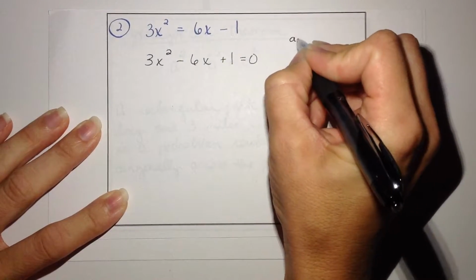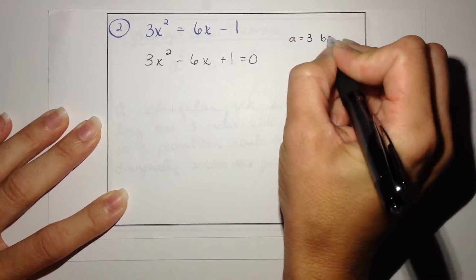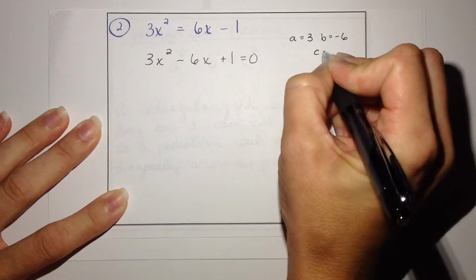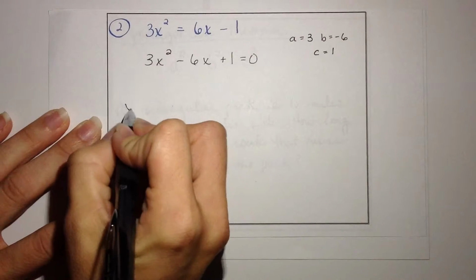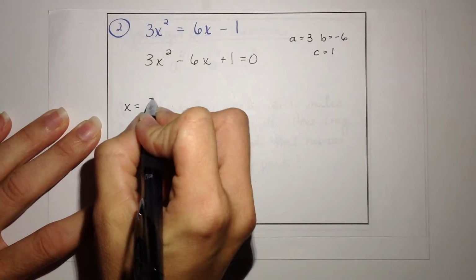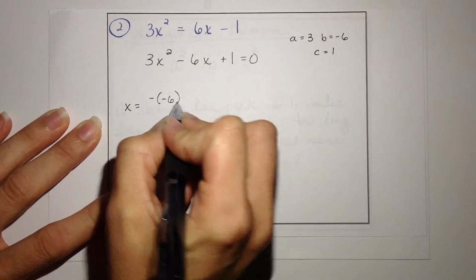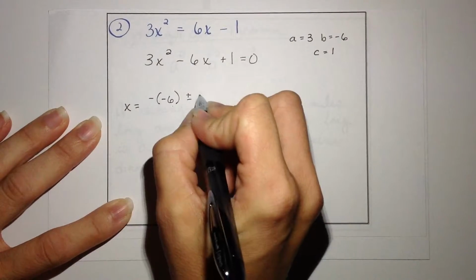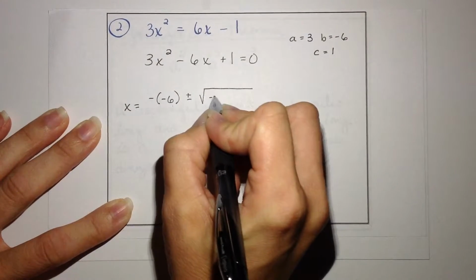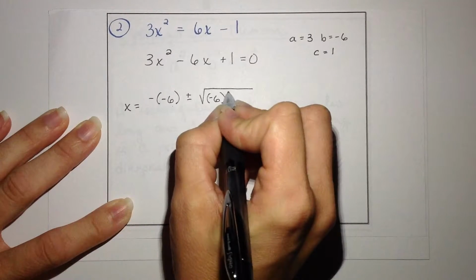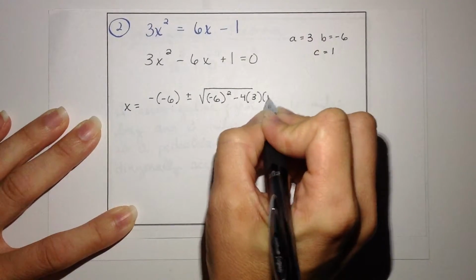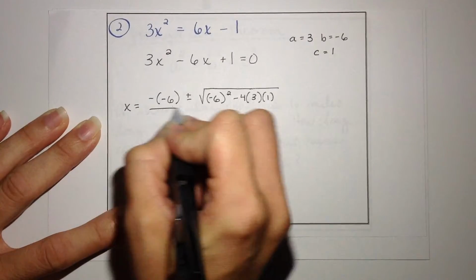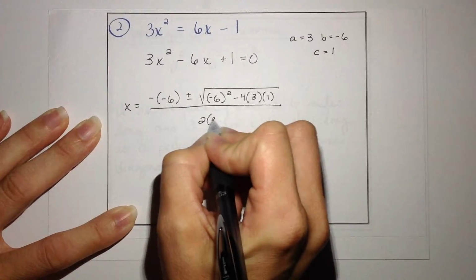Okay, so now my A value is 3, B is negative 6, and C is positive 1. So substituting those into my quadratic formula, I would have negative 6 plus or minus the square root of negative 6 squared minus 4 times 3 times 1, and that's all divided by 2 times 3.